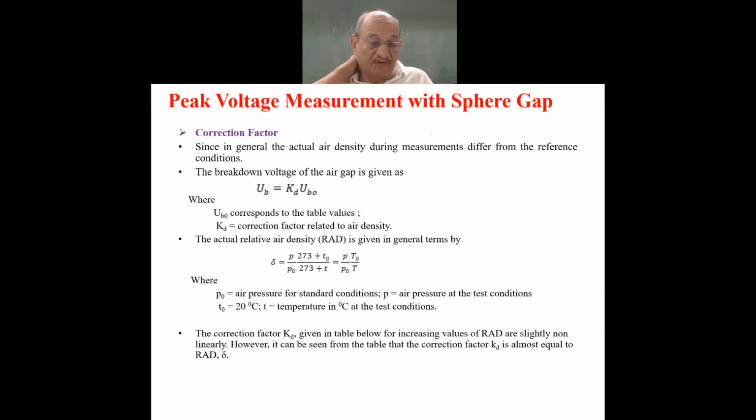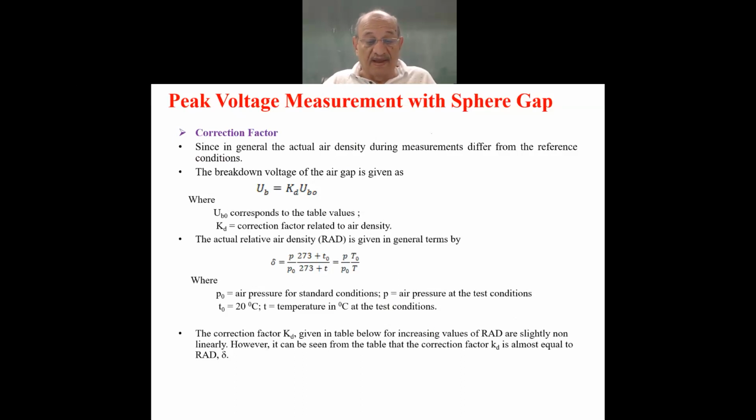As you can see here, in general the actual air density during measurement differs from the reference conditions, that is, normal temperature and pressure. The reference condition, you can imagine, is 20 degrees centigrade and a pressure of 1 atmosphere.